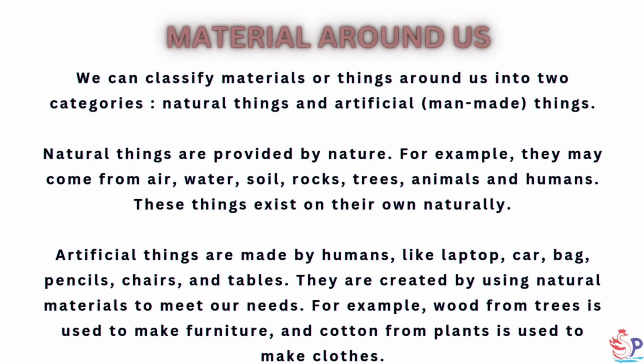These things exist on their own naturally. Artificial things are made by humans, like laptop, car, bag, pencils, chairs, and tables. They are created by using natural materials to meet our needs. For example, wood from trees is used to make furniture, and cotton from plants is used to make clothes.